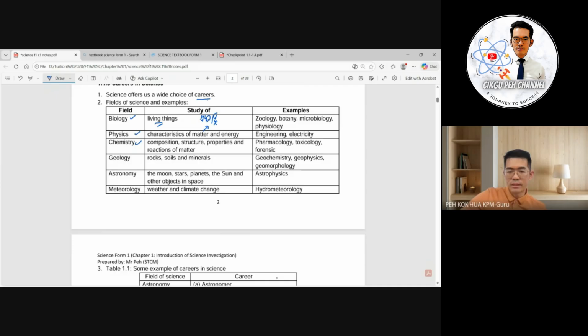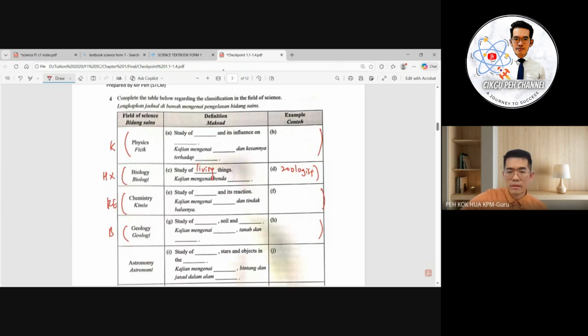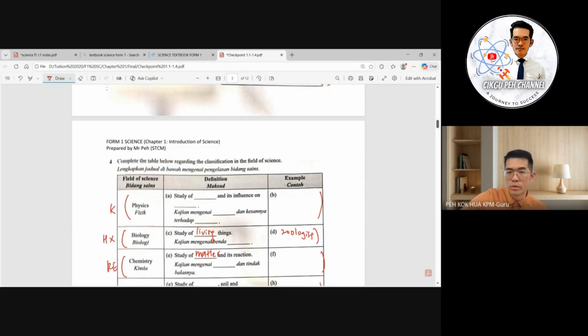Okay, then the next. Study of matter and its reaction. Okay, so study of matter and its reaction. Correct. Matter, M-A-T-T-E-R. Yes. Forensics. Forensics. Yes. Just how we go through.